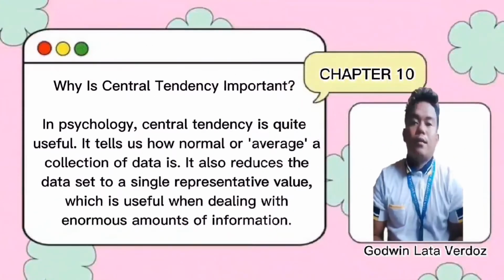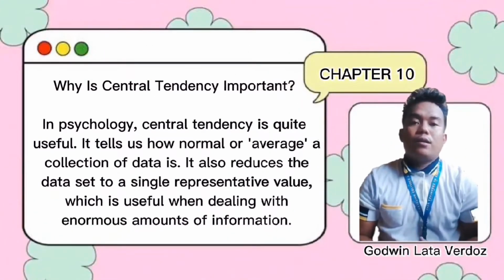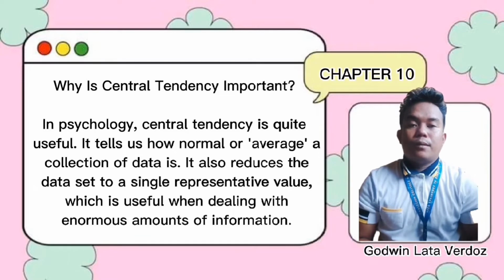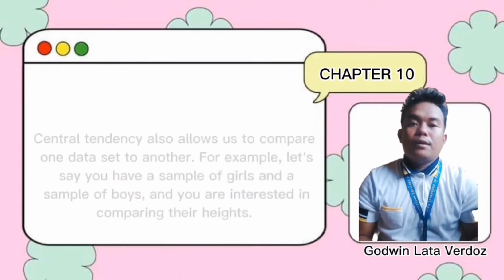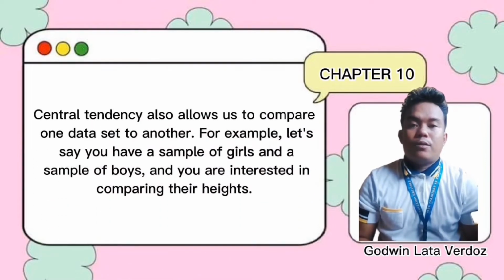Why is central tendency important? In psychology, central tendency is quite useful. It tells us how normal or average a collection of data is. It also reduces the data to a single representative value, which is useful when dealing with an enormous amount of information. Central tendency also allows us to compare one data set to another.